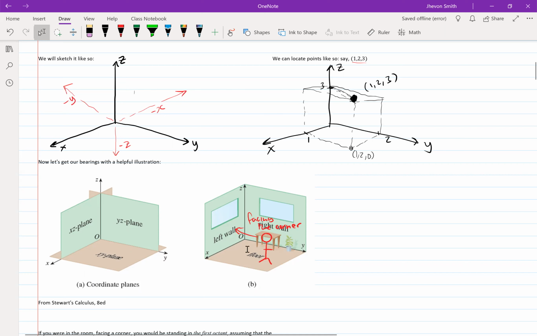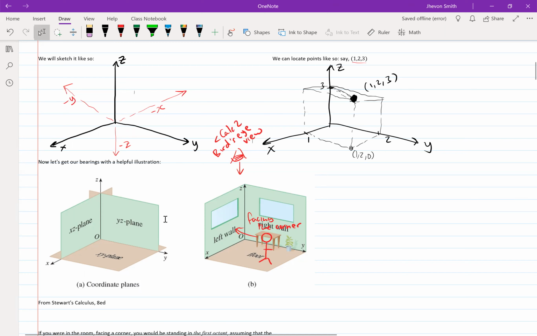So you've been living your whole life on the floor up until this point, mathematically speaking. You're always looking down at the floor. So before, in Calc 2 and below, we had the bird's eye view. And so this is how we'll situate things.